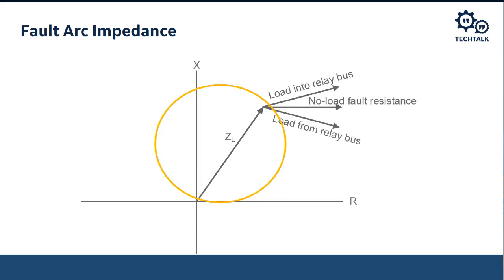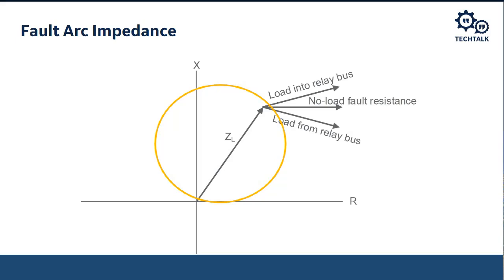So you can imagine if I look at that arc impedance of the no load fault resistance, the resultant impedance, if I draw a line from the origin to the end of that line, is well outside of the characteristic of that distance element. So that causes me some problems. I'm not going to operate for that.